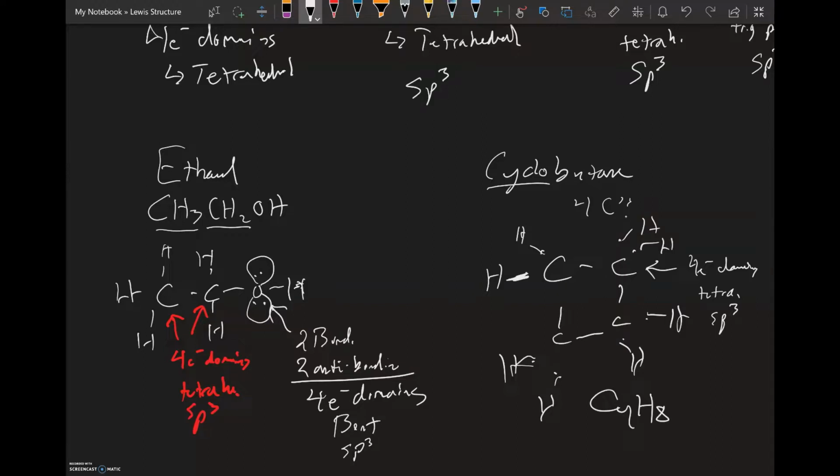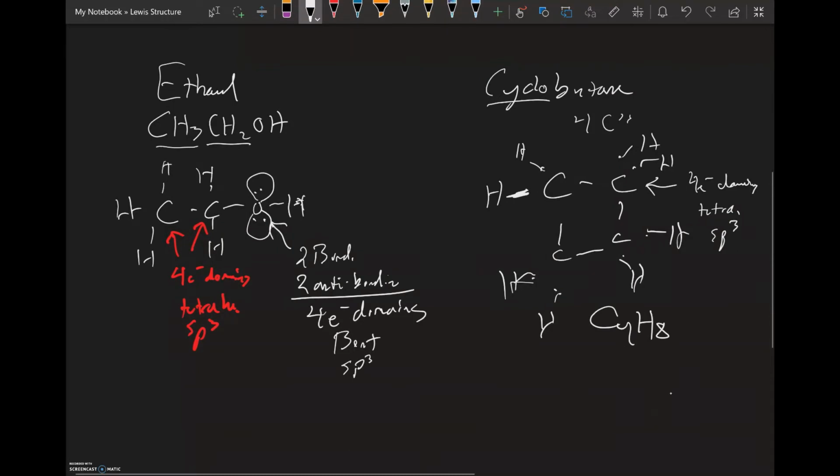Now keep in mind that if you were to have a structure that doesn't have a ring, the formula is going to be a little bit different. So typically it's CnH2n+2. The n just represents how many carbons there are. So if you have 4 carbons, that would be 2n plus 2, so it would be 2 times 4 plus 2, which gives you 10.